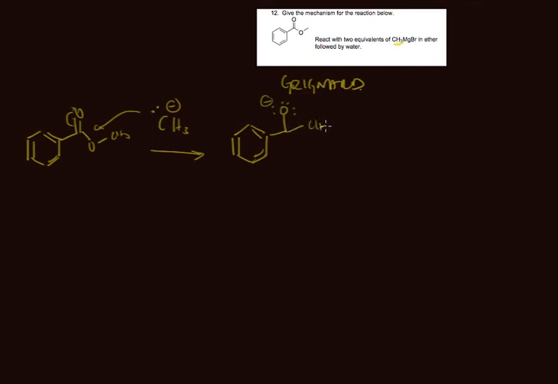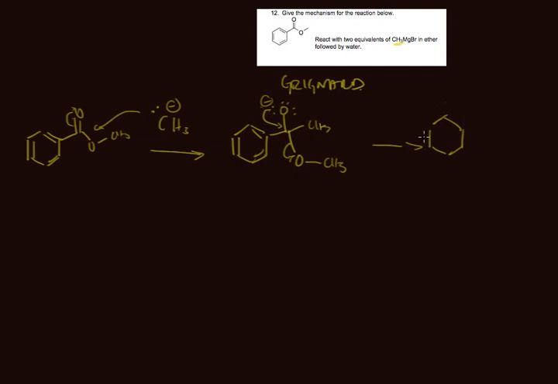You've got the CH3 on there, you've got the O right here, CH3, and because this oxygen is a good leaving group, it's going to take off as these electrons push down to form that stable carbonyl double bond structure again.